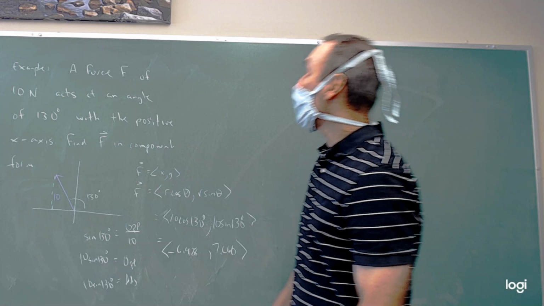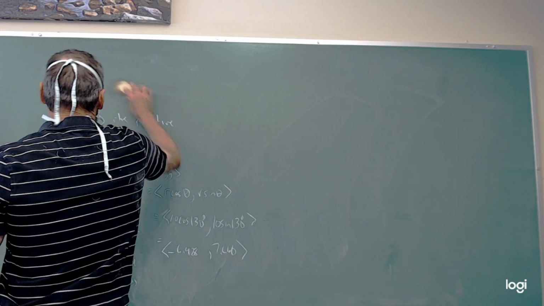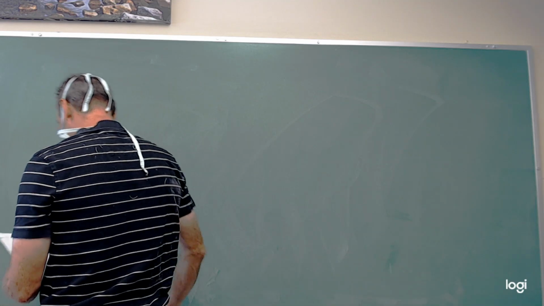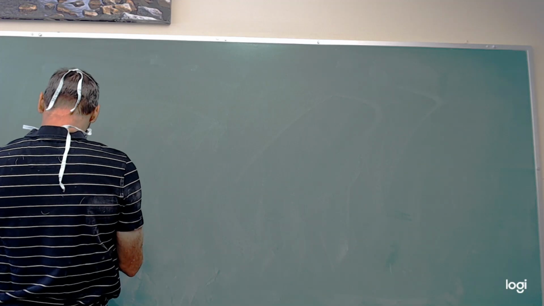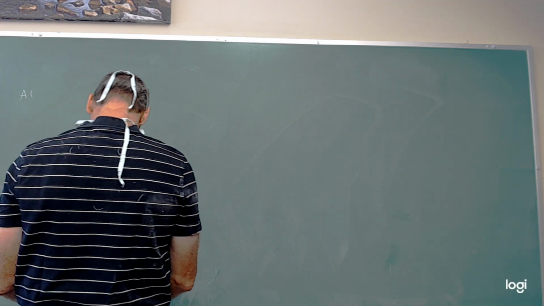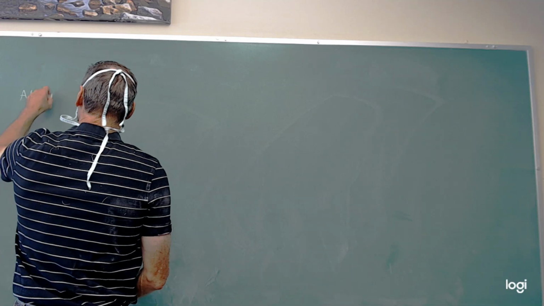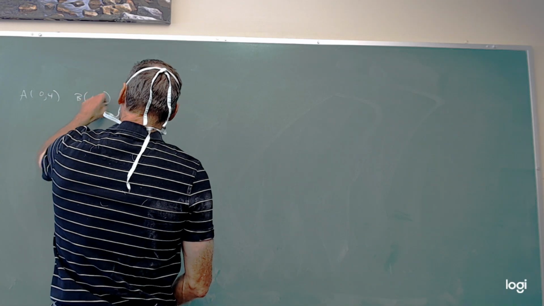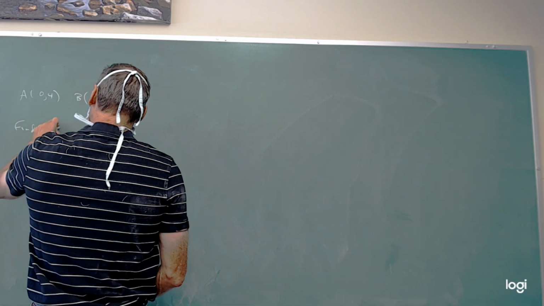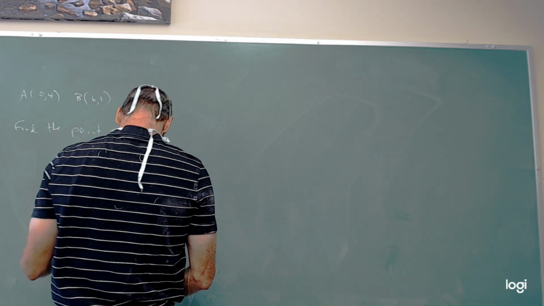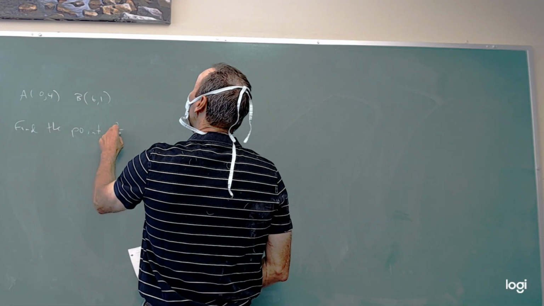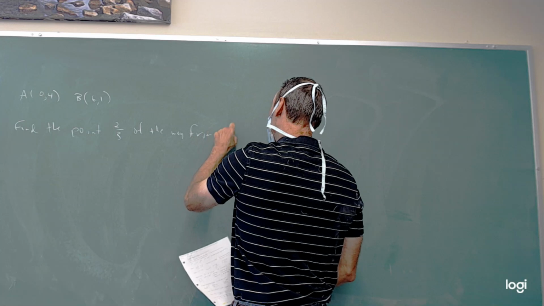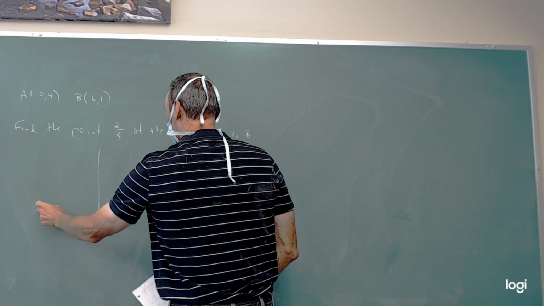Okay, kind of an interesting question here. 2 minutes. We're going to use vectors to answer this. You can do it in other ways, but I think vectors is kind of a nice way to do it. So we're going to say A is the point 0, 4, and B is the point 6, 1, and we want to find the point that is 2/3 of the way from A to B. I'm flying here because of the time.